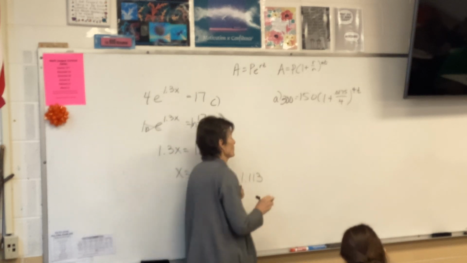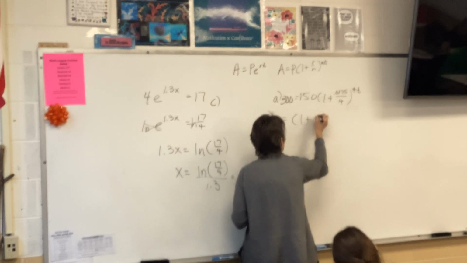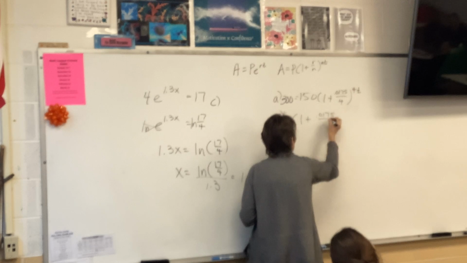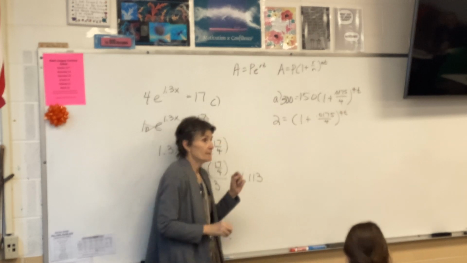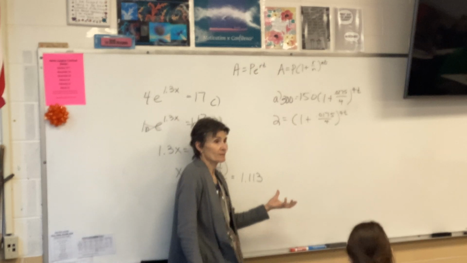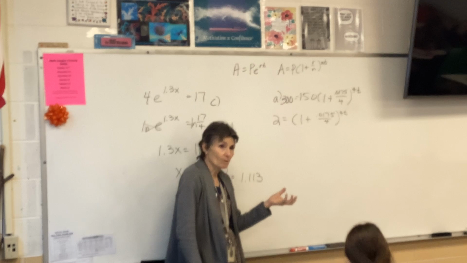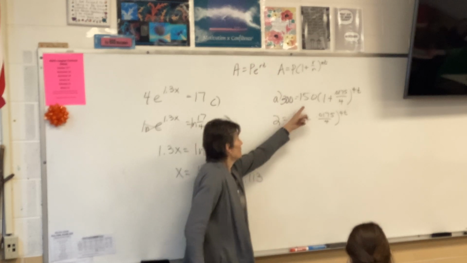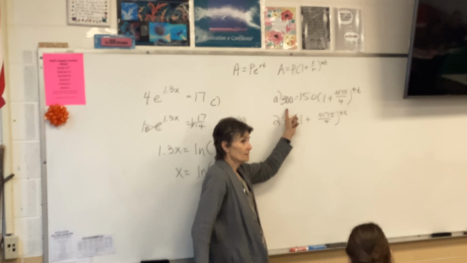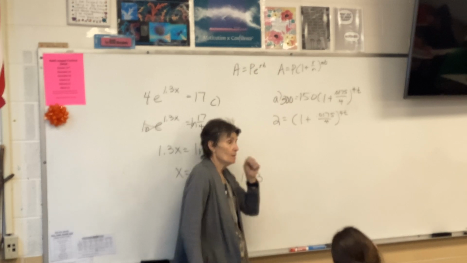What do I need to do first? Divide by 150. We talked about this yesterday. Did you have to be given 150 to start with? No, it doesn't matter what you start with, because if you started with 500, then this would be 1,000, and when you divide by the 500, you're still going to get 2.